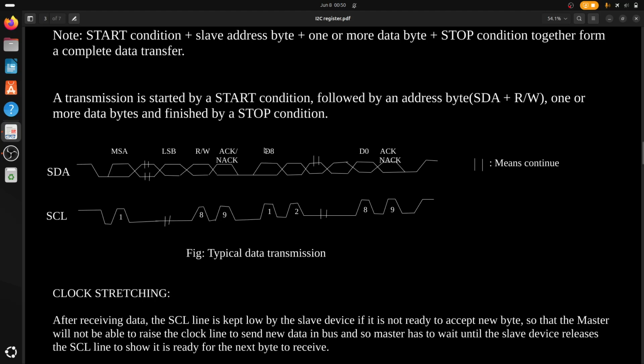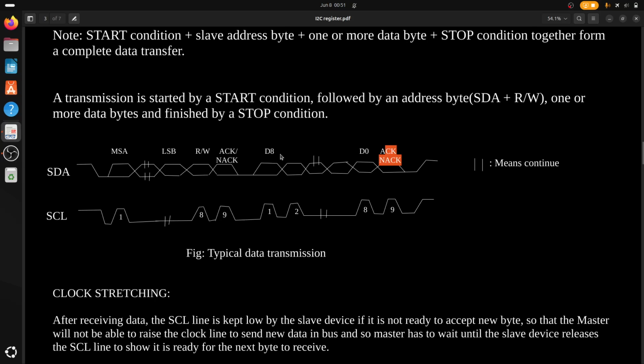After receiving the data so sent, it will send this acknowledgement bit to the master. It will raise a flag. And so this address is sent in 9 clock cycles. This data is sent in 9 clock cycles.